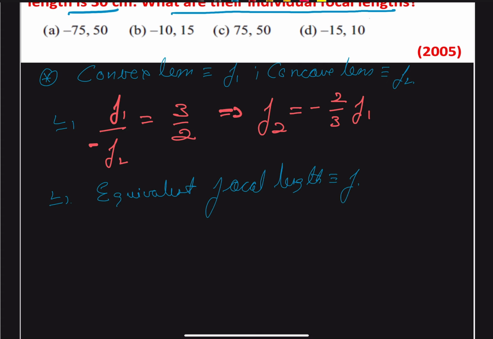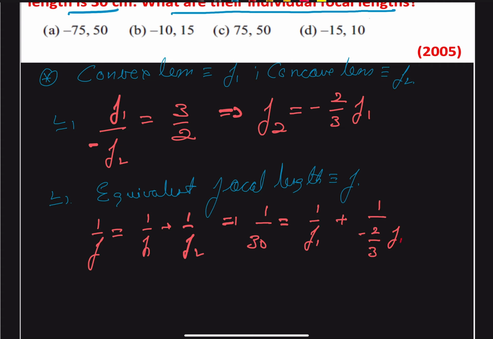So we can write 1/f is equal to 1/f1 plus 1/f2, and the equivalent is given as 1/30, and in place of f2 we are going to substitute in terms of f1. Therefore we get this as 1/f1 plus 1 upon minus 2/3 times f1.